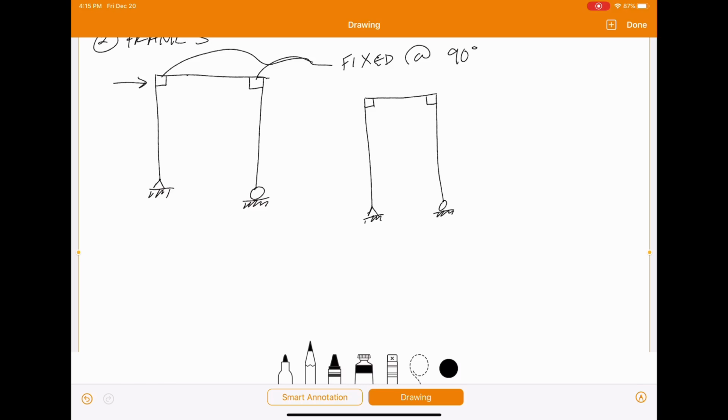Pin, roller, A, B, and we've got 5 kips acting right there. We'll say this is 5 feet tall here and 5 feet here. And then we'll also put 5 kips acting down right there. And we're just going to find our reactions for this frame.